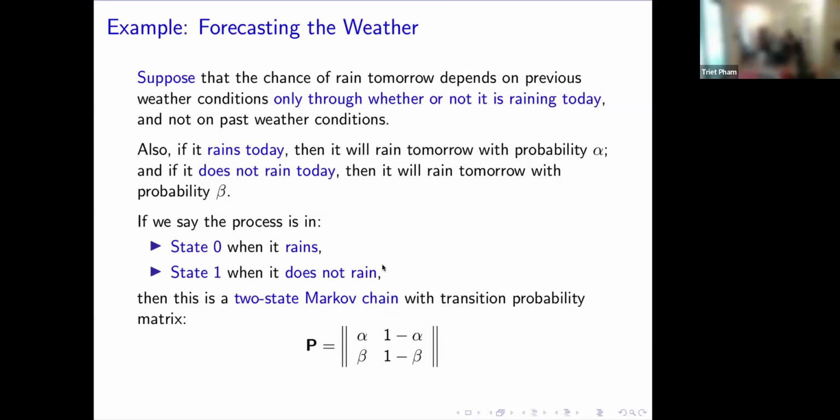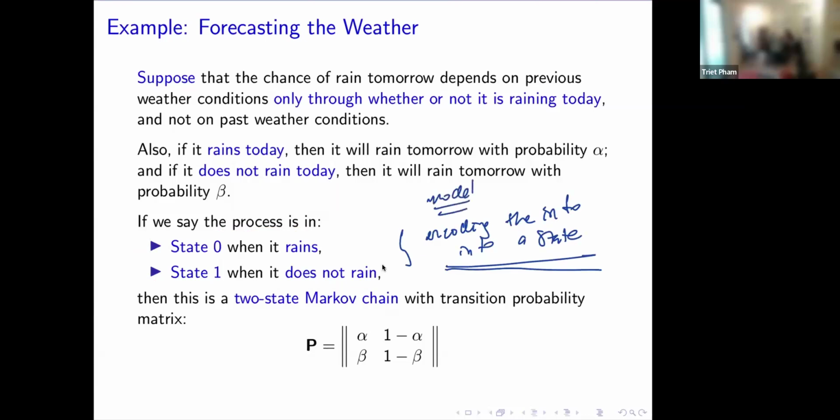Notice there's something here that you need to do, meaning encoding the information into a state. And by the way, this is not trivial, as you will see immediately on the next slide or so.